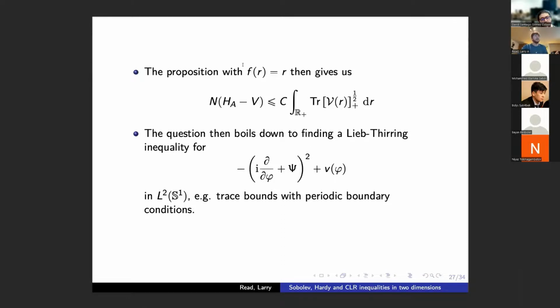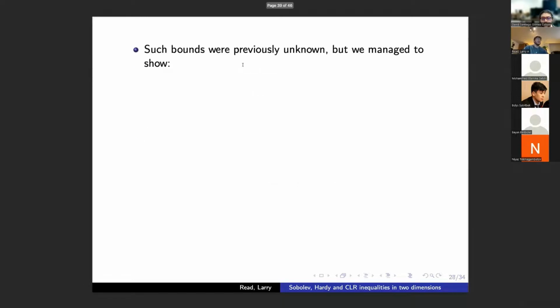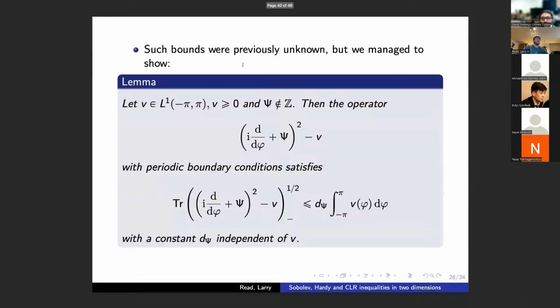And of course, it turns out that this didn't actually exist. So what we did was we managed to prove this bound here for a Schrödinger operator with periodic boundary conditions on some interval and with some constant magnetic potential.